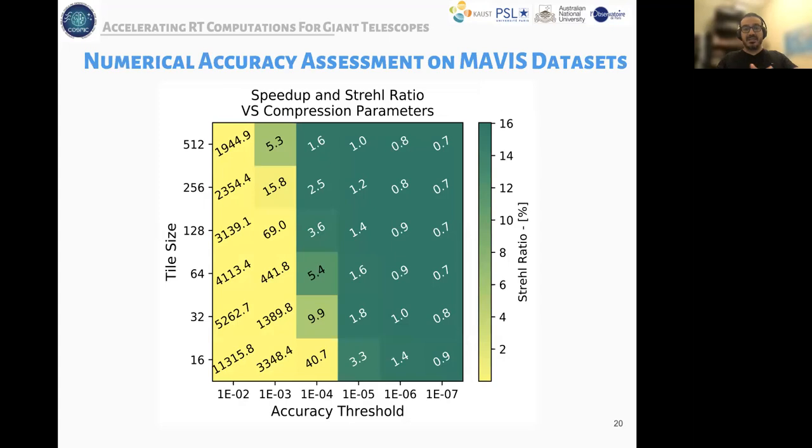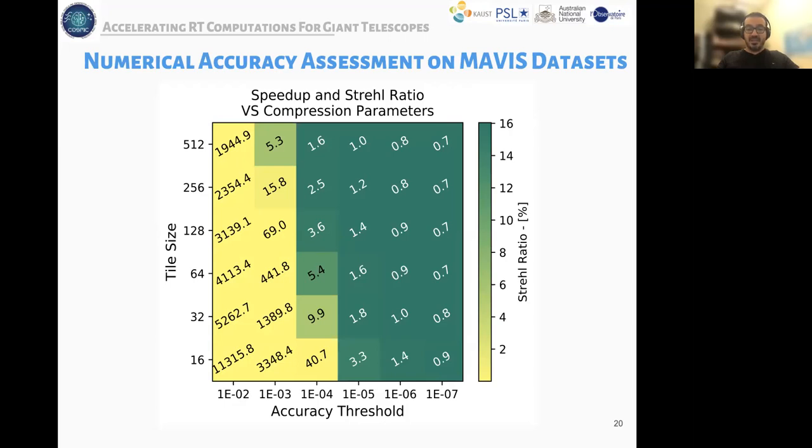And now if I apply this technique on the MAVIS instrument using a real data set, I look at the numerical accuracy assessment. This is a heat map showing 3 dimensions: the accuracy threshold versus the tile size, and the Strehl ratio gives the color. So the Strehl ratio, the higher, the better. And what you can see here is that for an accuracy of 1e-4, we are able to get the Strehl ratio, which is green, which is a good indication that for a tile size of 128, I'm able to get a Strehl ratio close to what I would get if I didn't do any approximation.